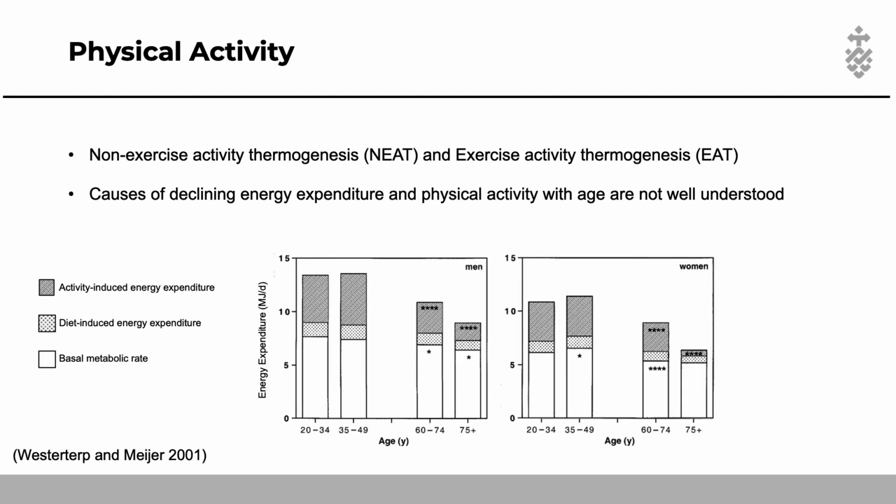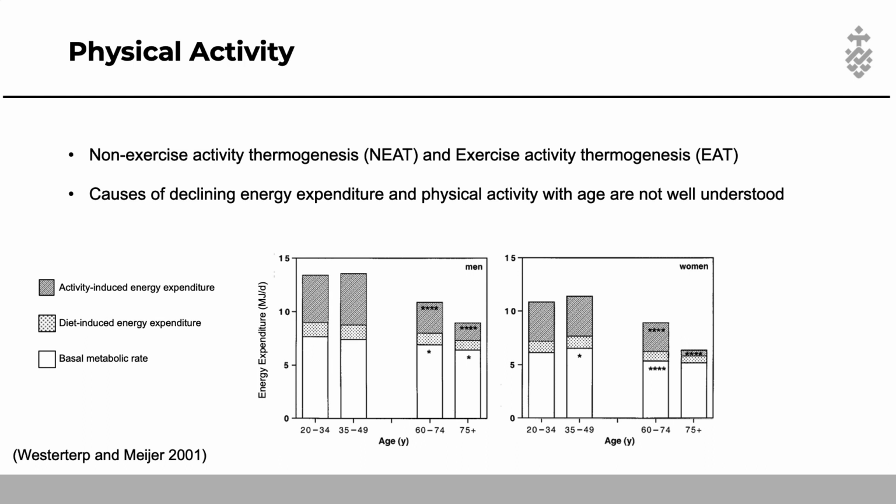So if we have a look at the components of metabolism now that account for the activity that we do throughout the day, this includes both the non-exercise activity and the exercise activity thermogenesis. So non-exercise activity thermogenesis being just the activity that we partake in during the day, whereas exercise activity being that purposeful exercise. We also see a decline in our activity-induced energy expenditure.